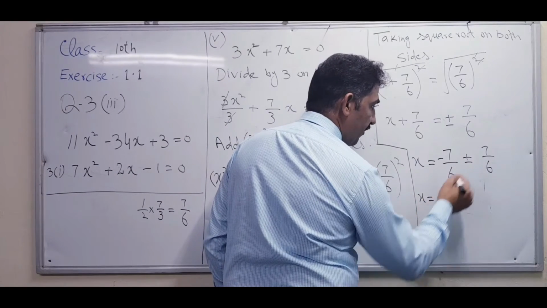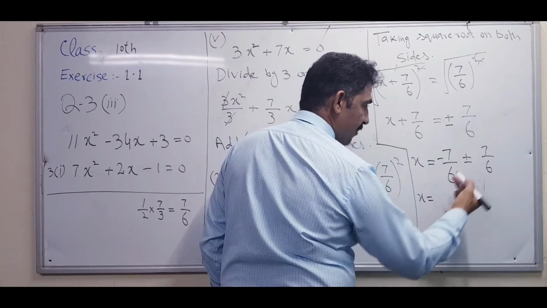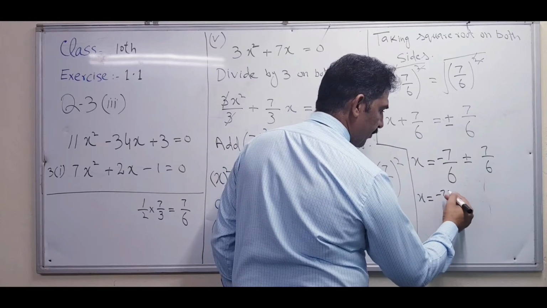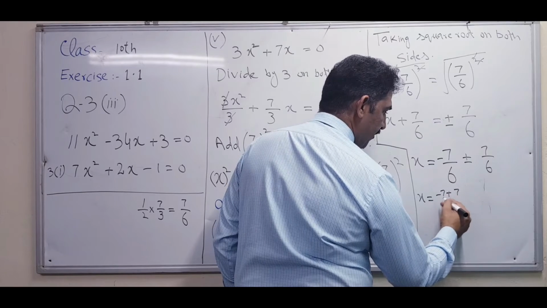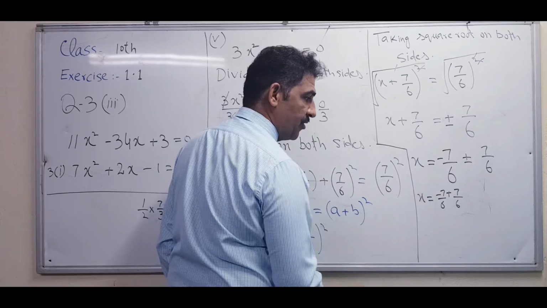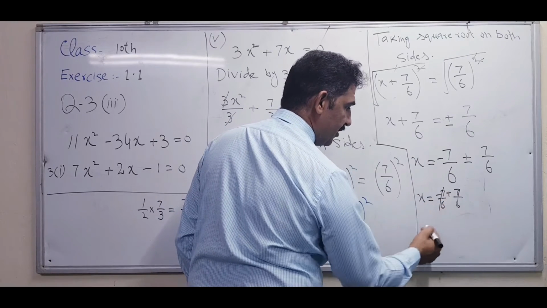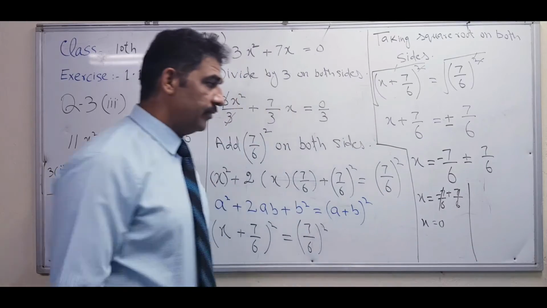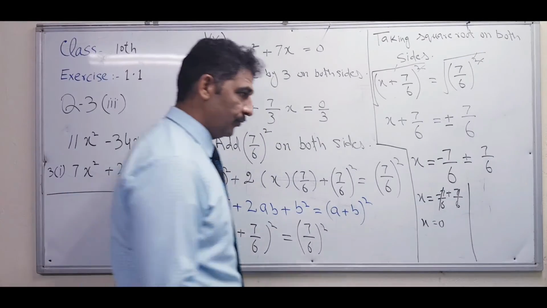First we have to solve with the positive, then the negative. With the LCM it will become the same. Minus 7 plus 7/6. First I solve with the positive sign, that will be cancelled, so x is equal to 0. The second, we have to solve with the minus.